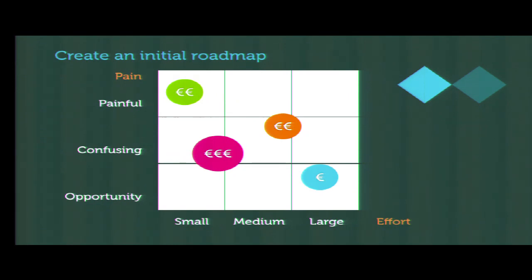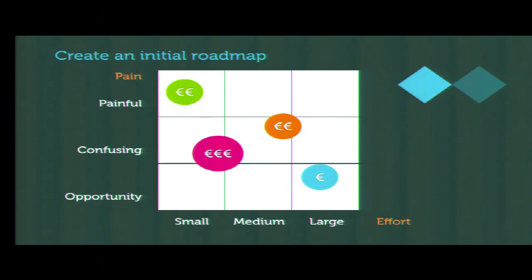Effort on the bottom. Small effort, medium effort, large effort. Just getting it done, timing-wise, resources. And from there you can then plot the projects. And well, you see that the cost of getting it done is defined by the euro signs on the dots, and we can scale the dots.